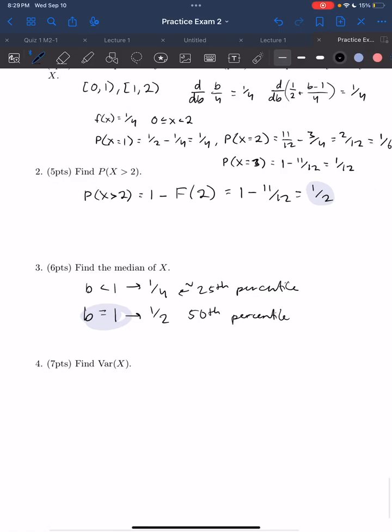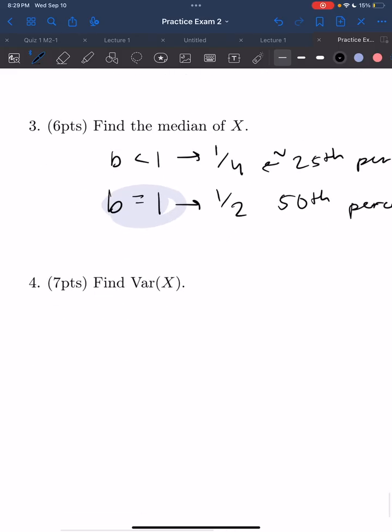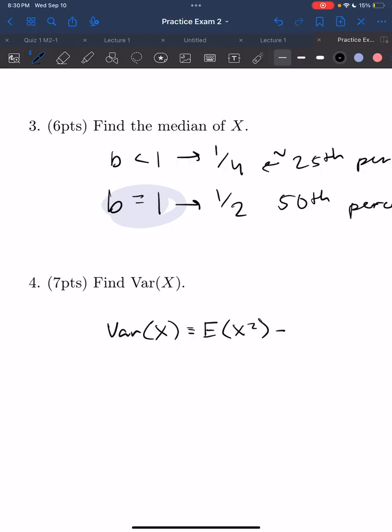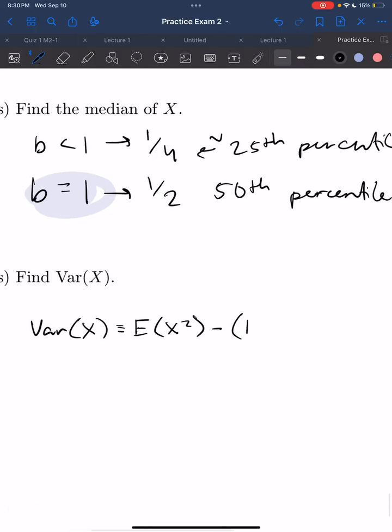Okay, so now we need to find variance. Our formula for variance, if you recall, is that the variance of x would be equal to the expected value of x squared minus the square of our expected value of x.